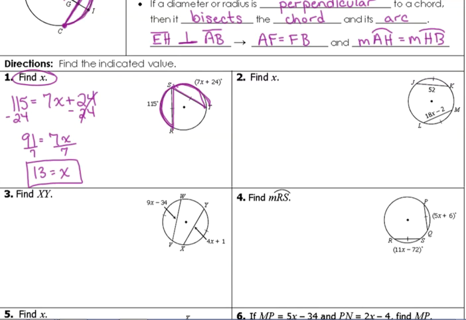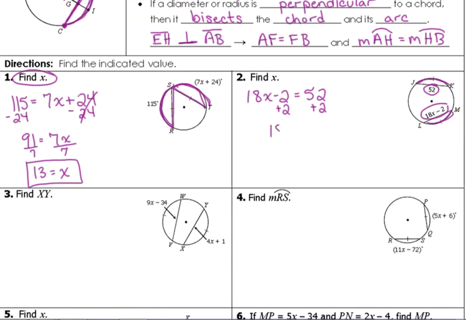Number 2 flips that around. They show us that these arcs are congruent and their chords are marked. So the arcs are congruent, then the chords are congruent. So 18x minus 2 is equal to 52.